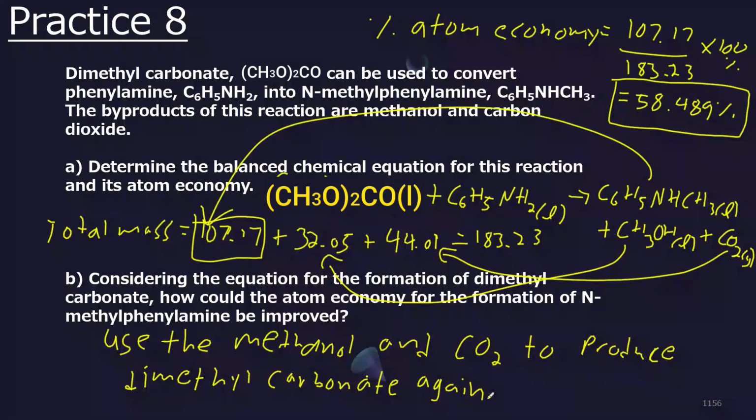That way, only the H2O from the first equation would actually be kind of a waste product. We don't really have anything else to do with that, but H2O as waste products go is not that bad.